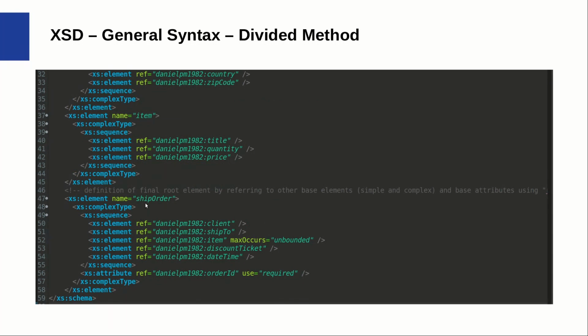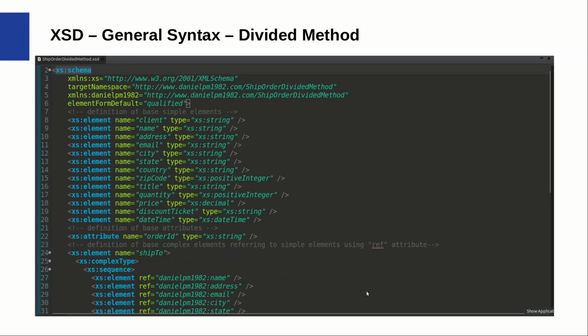But in this case, we are only using it at the ship order element, always with the ref attribute for referring to externally declared elements and attributes. We'll see all the details of the syntax later. Here I'm just showing you the design methods that are used to organize the declaration of components inside the XSD documents. But all the syntax details we'll see later at the next slide.